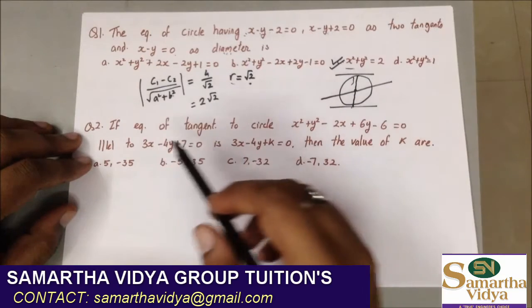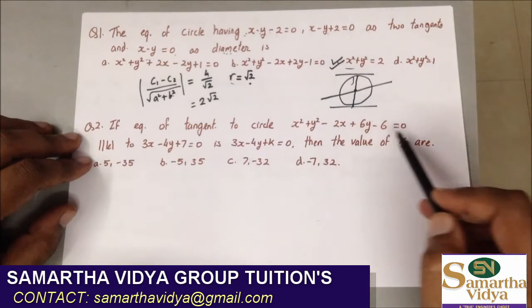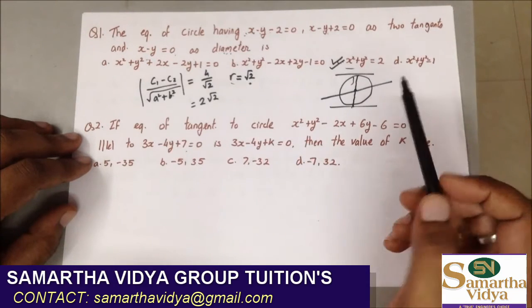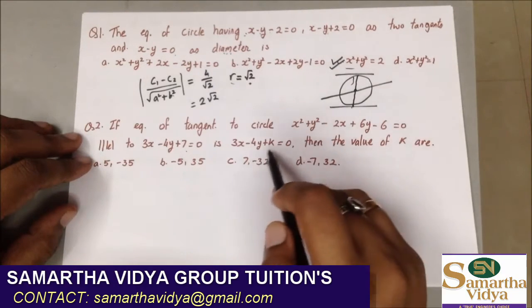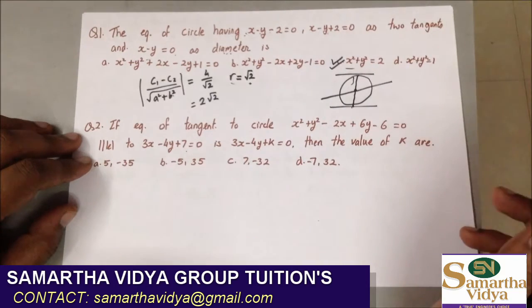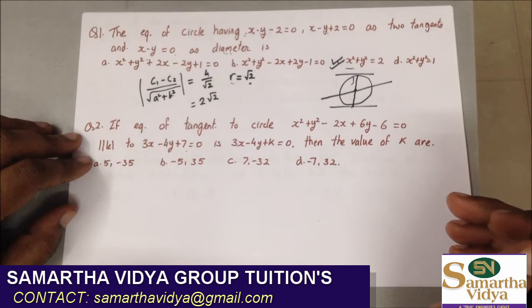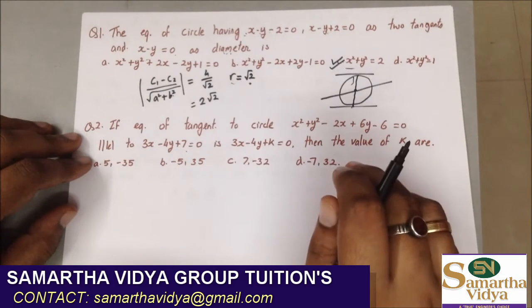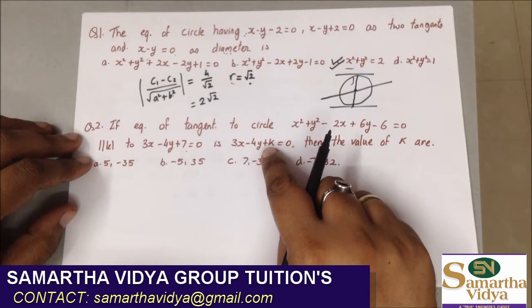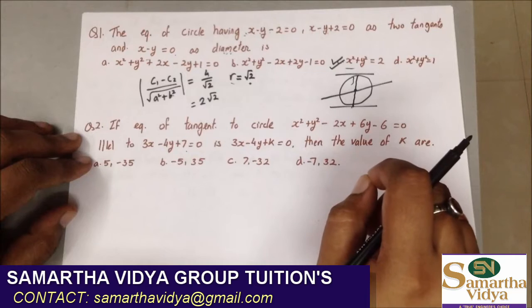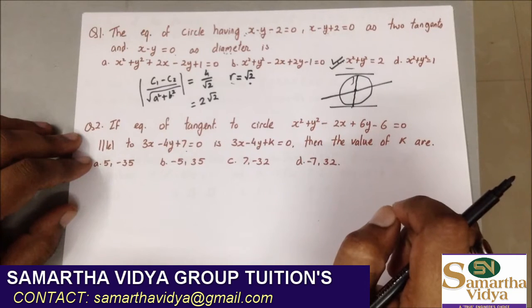Going to the next one, we have the equation of a tangent to the circle which is given to us, and it is parallel to this particular equation of line. And this is the equation which is the tangent equation. I need to find what is the value of k in that case. Now again we'll be using the concept of distance formula, because I need to find the distance of this with the center of the circle, and that will be equal to the radius of the circle.